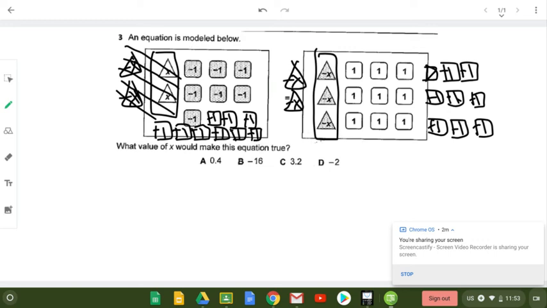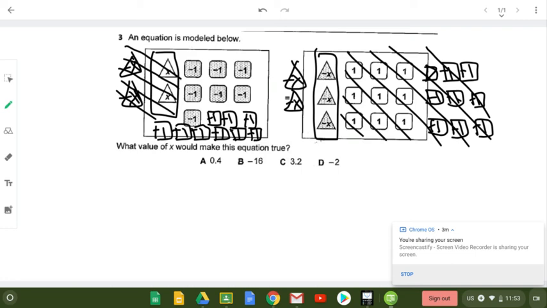Now, 9 minus 9 cancels, so this is going to turn into a 0 pair. So now what I have here is negative 5x triangles on this side, and I have 1, 2, 3, 4, 5, 6, 7, 8, 9, 10, 11, 12, 13, 14, 15. It should be 15. I have 16. So now I have to divide these evenly into groups here.